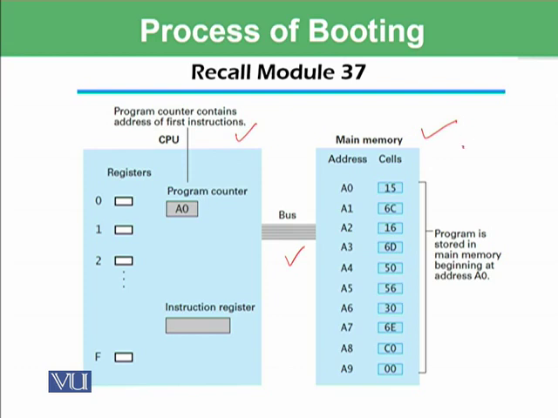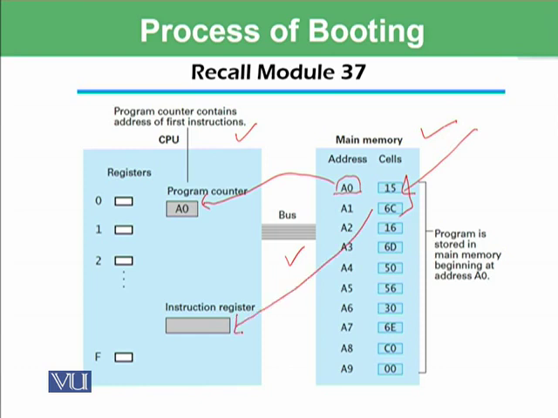The program which we want to execute should be available in the main memory, and the address of the main memory from where the program is going to start should be available in a specialized register known as the program counter, and the instruction will be loaded into the instruction register.